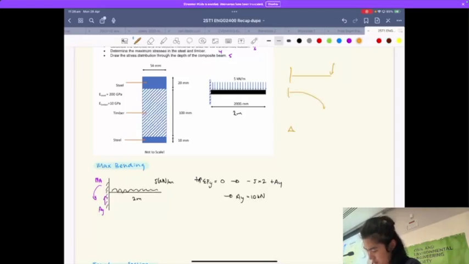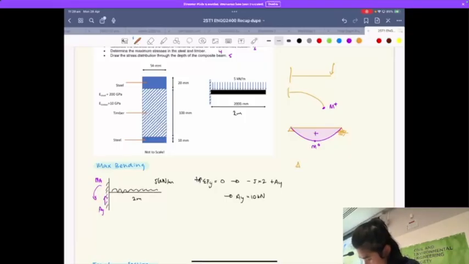For beams, a bending moment diagram looks kind of like this, right? So this is where your M star will be for a cantilever, and your M star for beams will typically be in the middle of your beam.